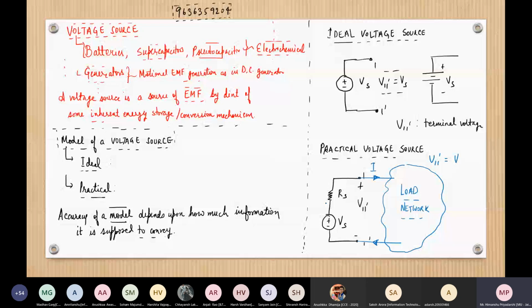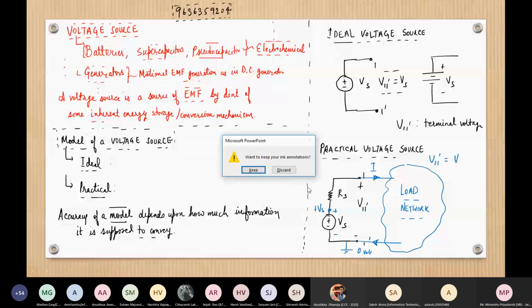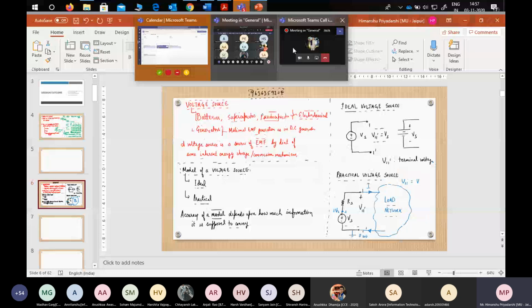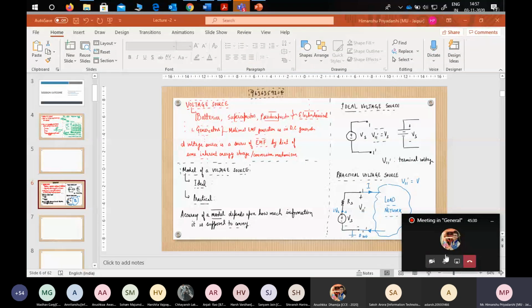See, here it is Vs. Imagine that this is the reference point, so this will be 0. We are interested in potential difference, not absolute potential. So assume this to be 0 volt, so this node will be at plus Vs, right?